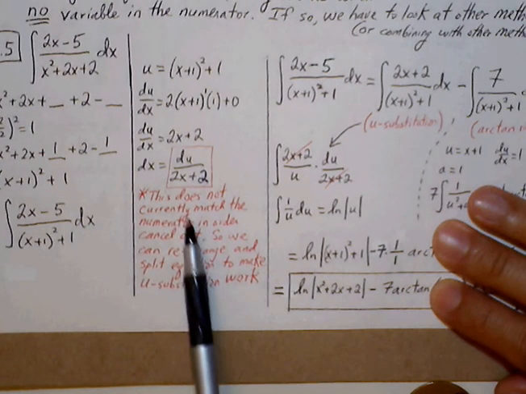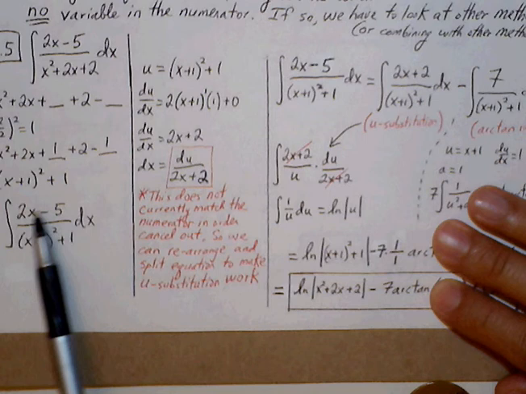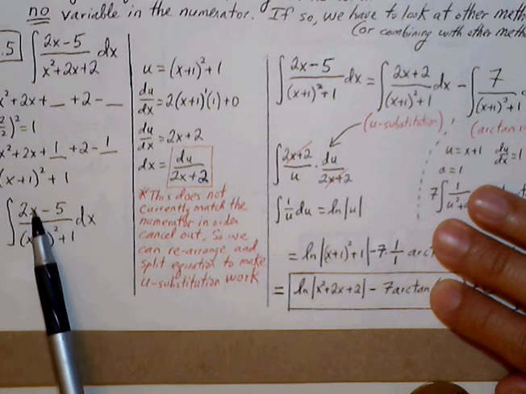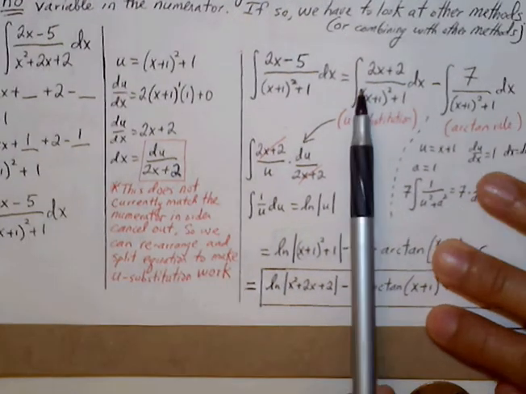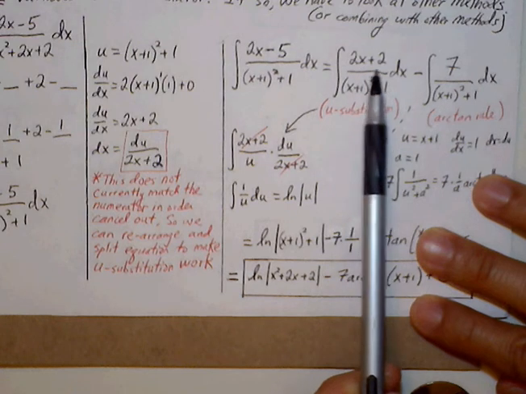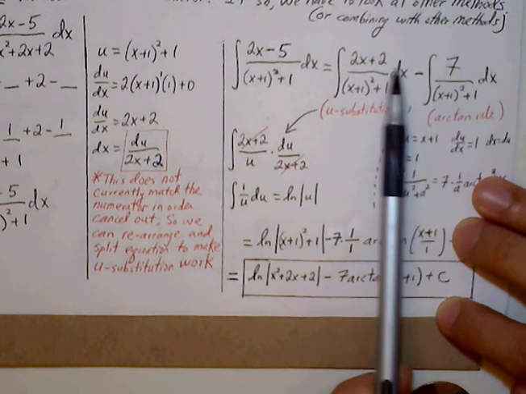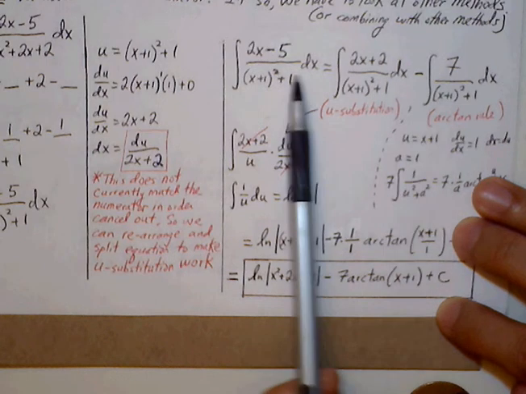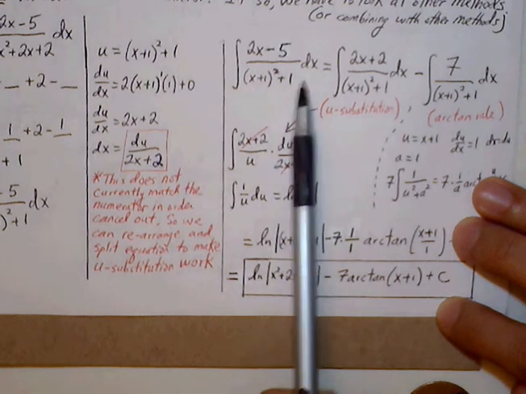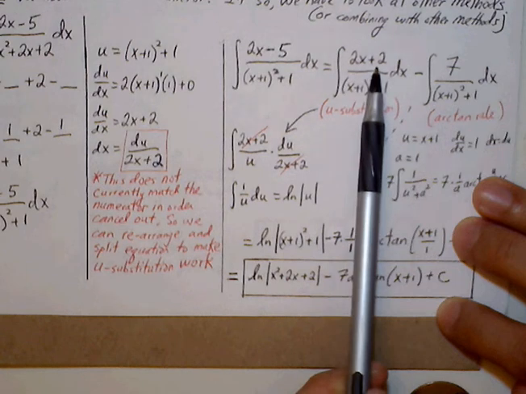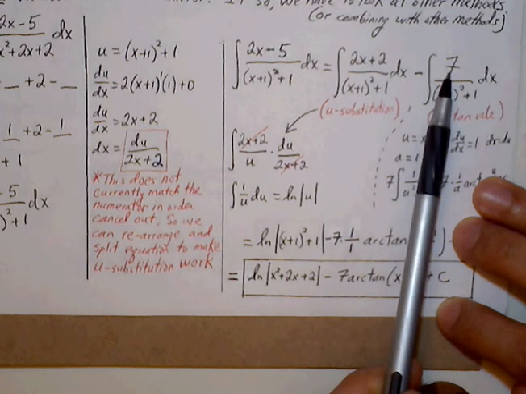Okay. So let's say we make it so that our numerator is 2x plus 2. If we have 2x plus 2, we also need to have a minus 7 in order for us to maintain the value of our original problem, right? 2x minus 5 is the same thing as 2x plus 2 minus 7.